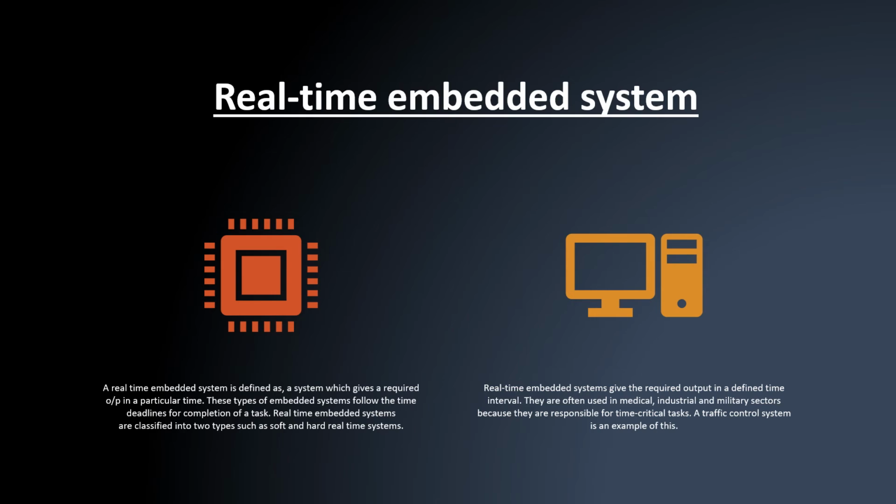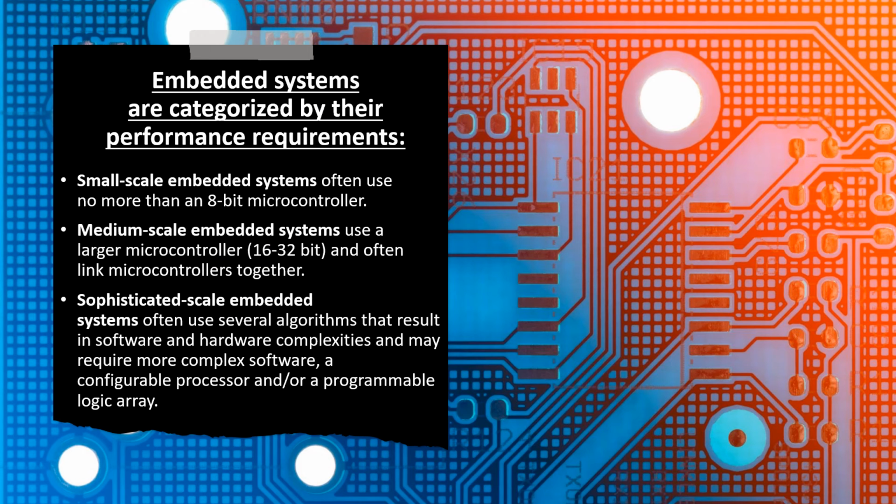Real-time embedded systems give an output for a particular time, so for a given input there will be a particular output. Some are used in military sectors, responsible for time-critical tasks. A good example is a traffic control system, controlling in real time, like red for stop and green for go.